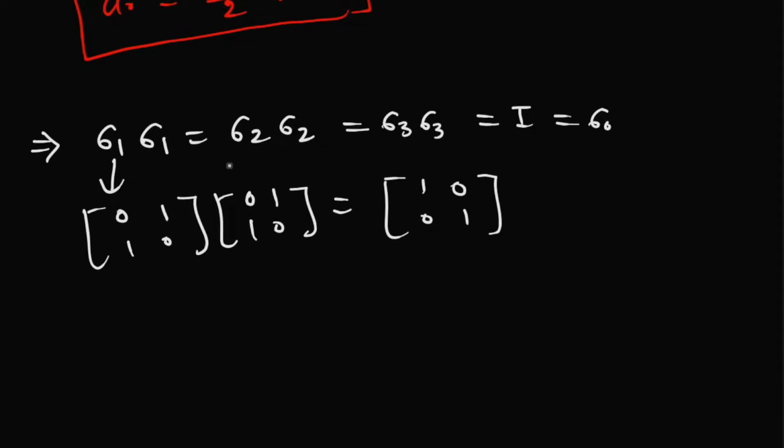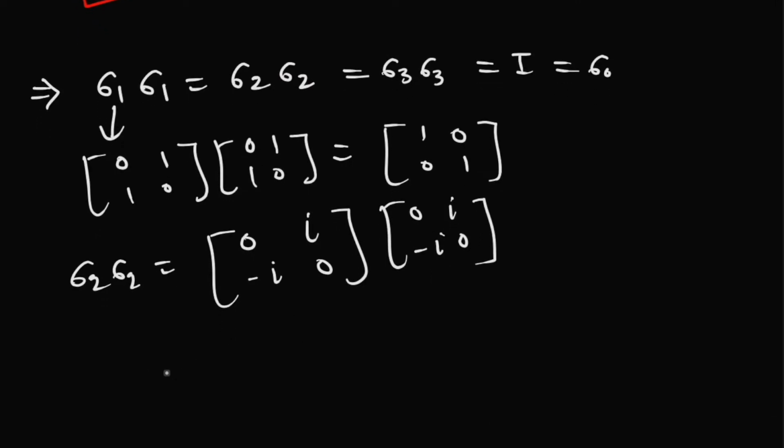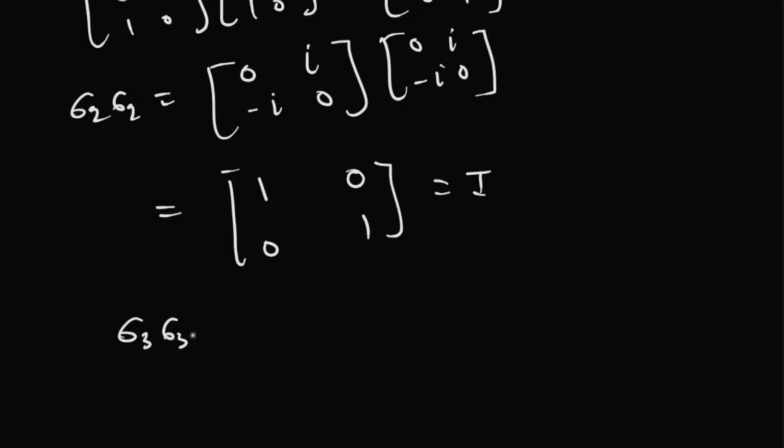Second, let us check sigma 2 times sigma 2, equal to 0 minus i, i 0 times 0 minus i, i 0, which gives i times minus i equals 1, and so on, which equals the identity operator. Similarly, we can prove it for sigma 3 times sigma 3.